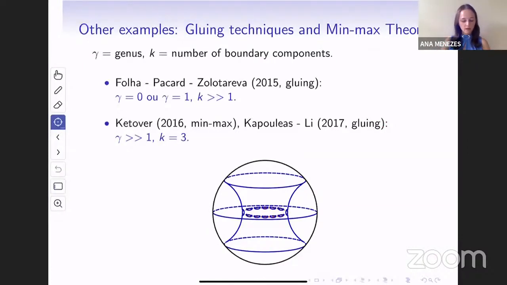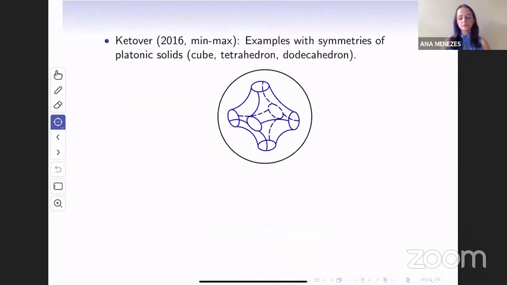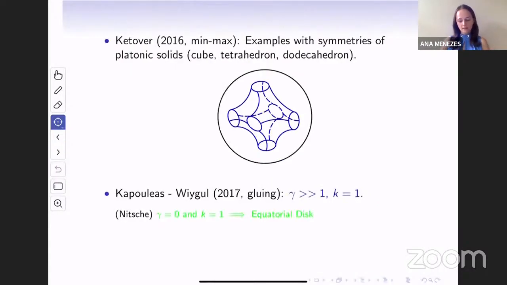Okay. In the same paper, Ketover also constructed some examples with symmetries of some of the Platonic solids like the cube, the tetrahedron, and the dodecahedron. Here would be the sketch of the one with the cube symmetry. And again, using gluing techniques, Kapouleas and Wiygul constructed examples with one single boundary component and large genus. And these examples are kind of interesting because if you recall the uniqueness result by Nitsche, genus 0 and one single boundary component is necessarily an equatorial disk.